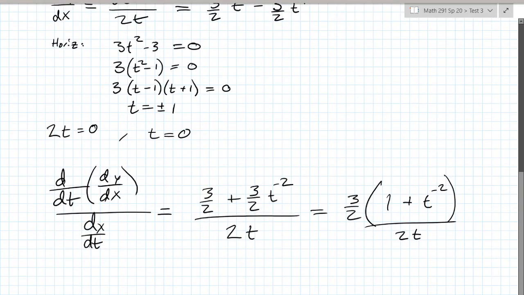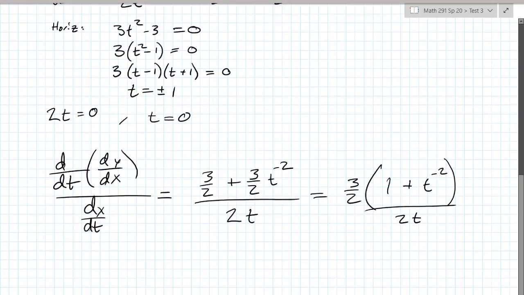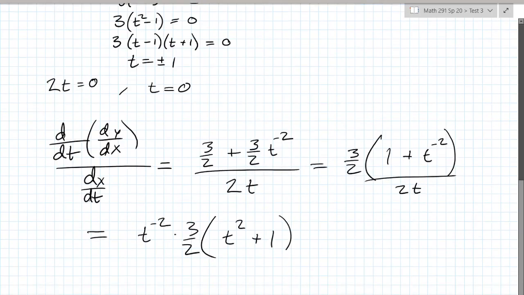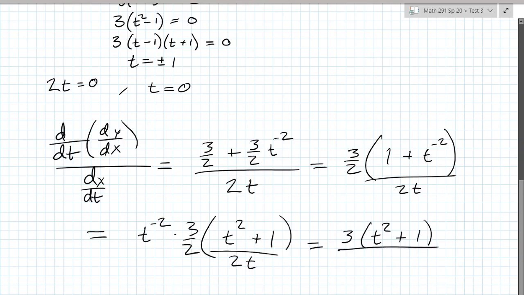And what we can see from this, if you want, we can factor out a t to the negative 2. And we get t to the negative 2 times 3/2 times (t squared plus 1). Another way to say what we just did was that we got a common denominator there. And if you do a little bit of algebra, we have 3(t squared plus 1) over 4t cubed, because the 2 and the 2 multiply together give us 4.